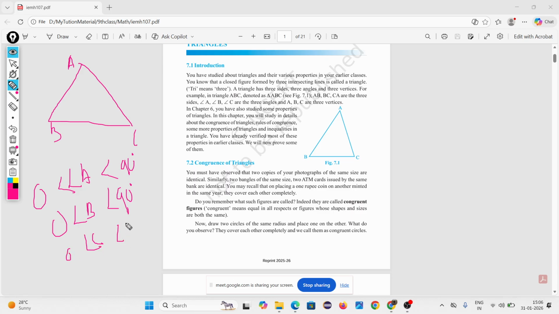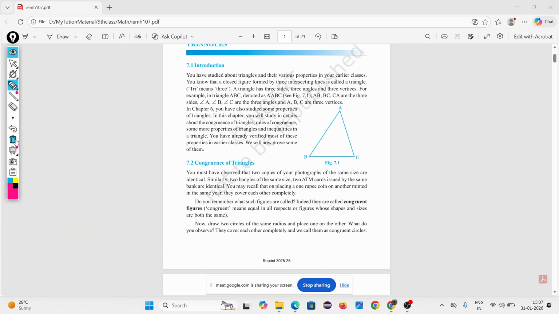Suppose it is 40, suppose it is 45. It will be how much? 85. And suppose this angle A equal to 40. Okay, then 180.